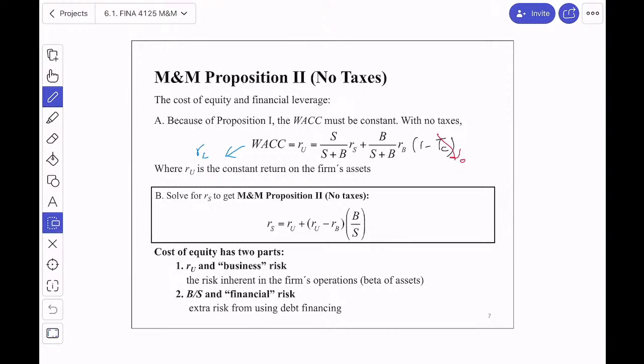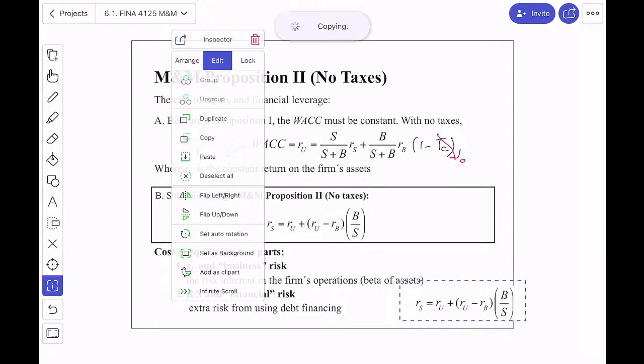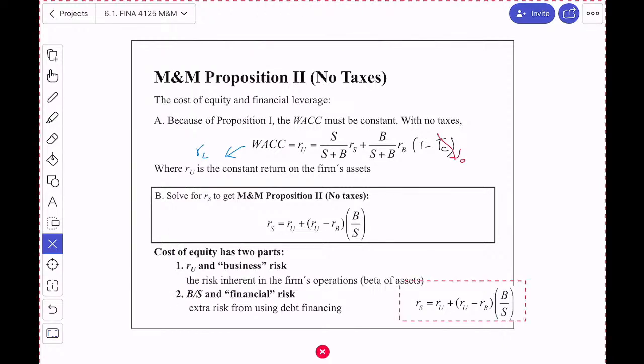So let me copy that so you can see I'm not inventing this. It's strange.